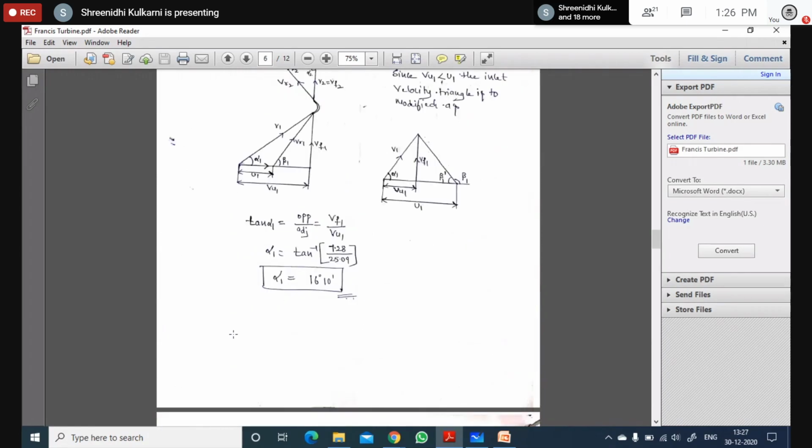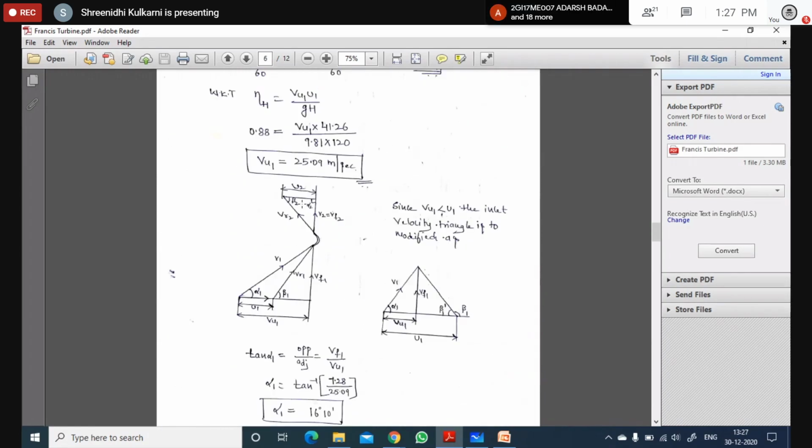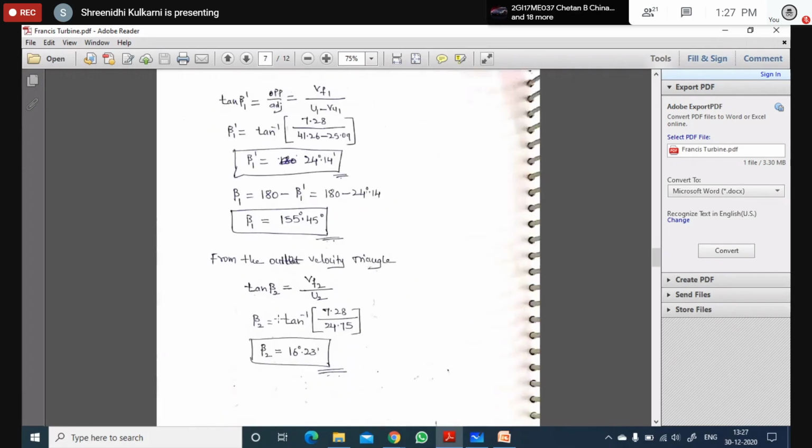Next, from the outlet velocity triangle, we want beta 2. This is beta 2. For that, tan beta 2 is opposite by adjacent, so tan beta 2 is VF2 by U2.